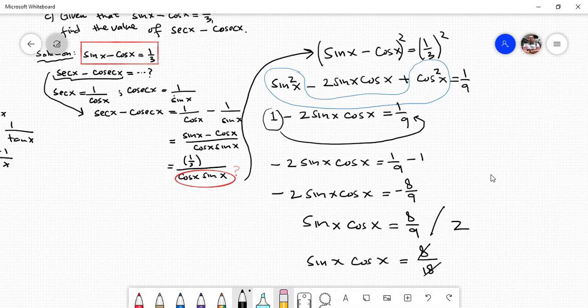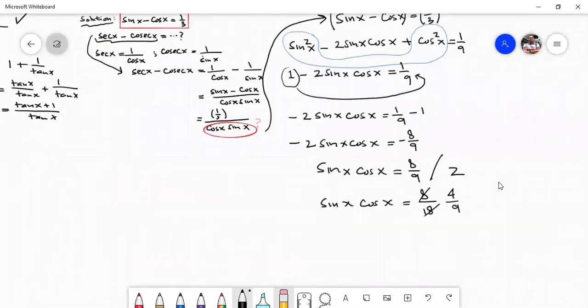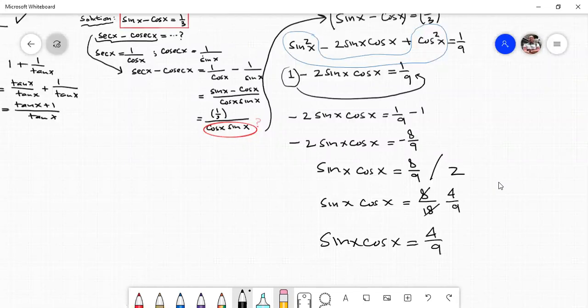Divided by 2, it becomes 4 over 9. Now you have the value of sine x cosine x, which is 4 over 9.